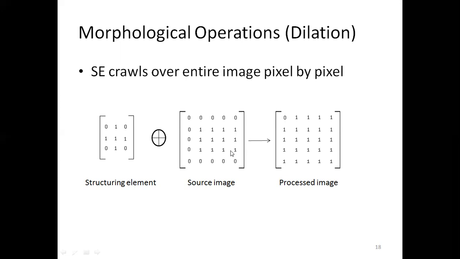What dilation does is increase the foreground. Here the 1 pixels we call the foreground. These foreground pixels have now grown, and the number of zeros, which is the background part, is reduced.